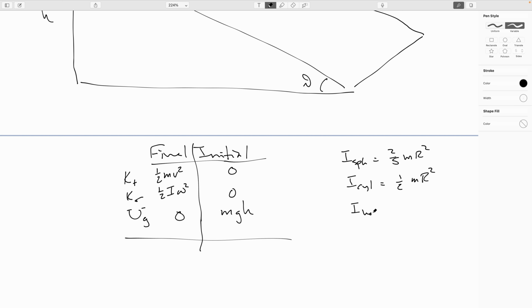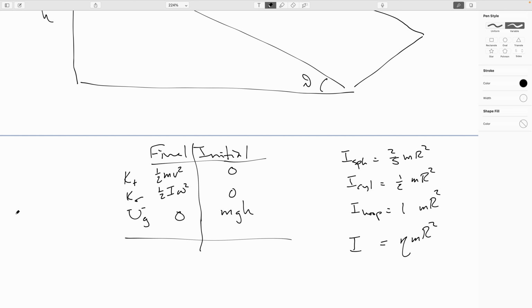And for a hoop, it's just, I'll say 1, for reasons that will become clear in a second, mr squared. So the point is they all have an mr squared, and then they have some number in front of them. So what we can do is we can just do this generically. We'll say that the moment of inertia of any of these objects is eta mr squared.